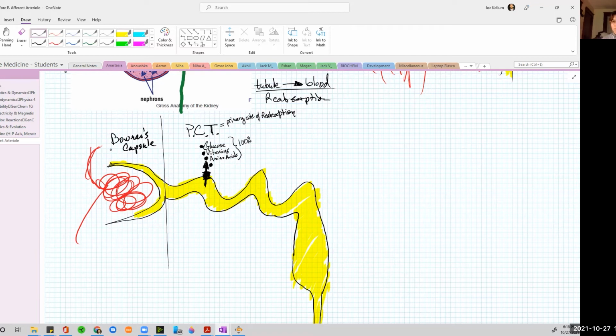You start making ketone bodies, and those acidify the blood. So you get extremely acidic blood and extreme dehydration at the same time. Why the dehydration?